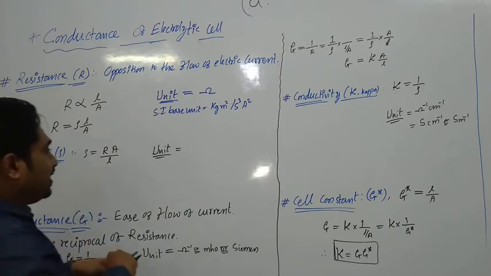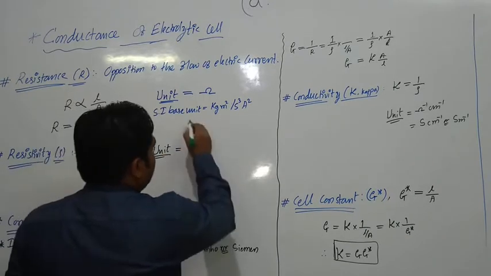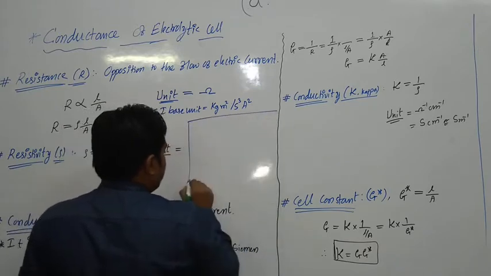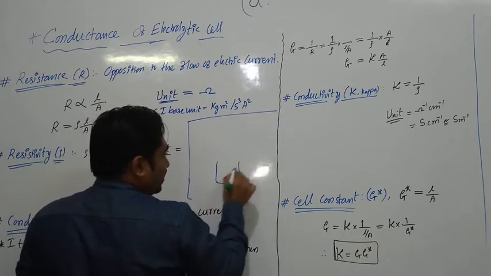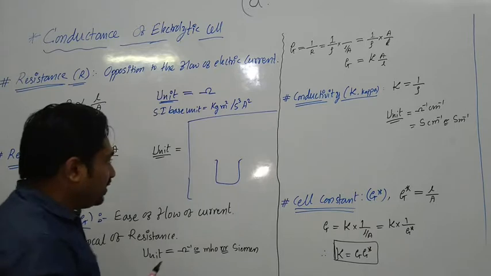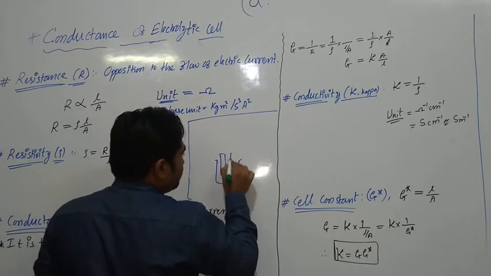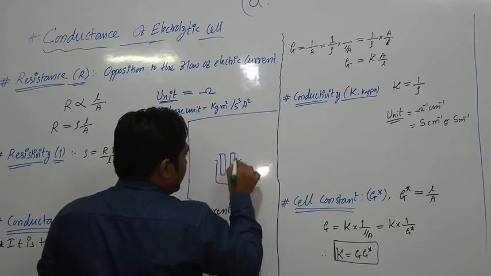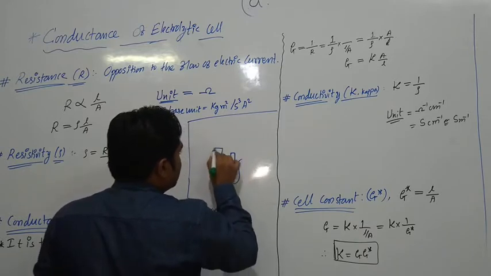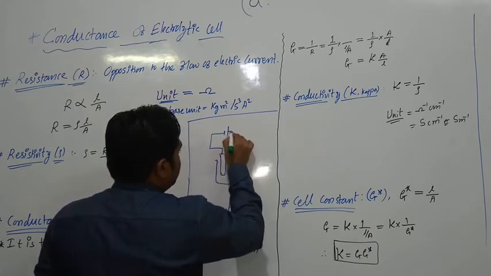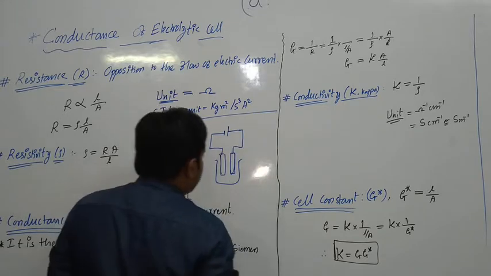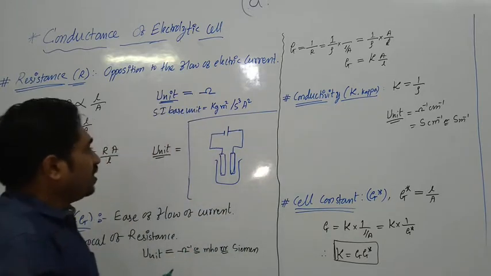So what do you mean by electrolytic cell? Here I will use this space. I will take a beaker or a container. In that, two electrodes are dipped, and these two electrodes are connected with the external circuit which carries a cell.